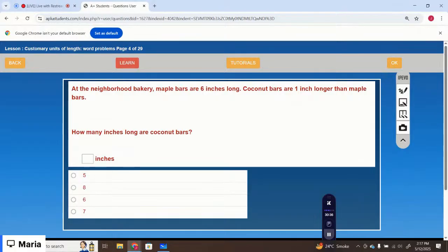So 6 plus 1 is 7. The correct option is the last one, that is 7 inches long.